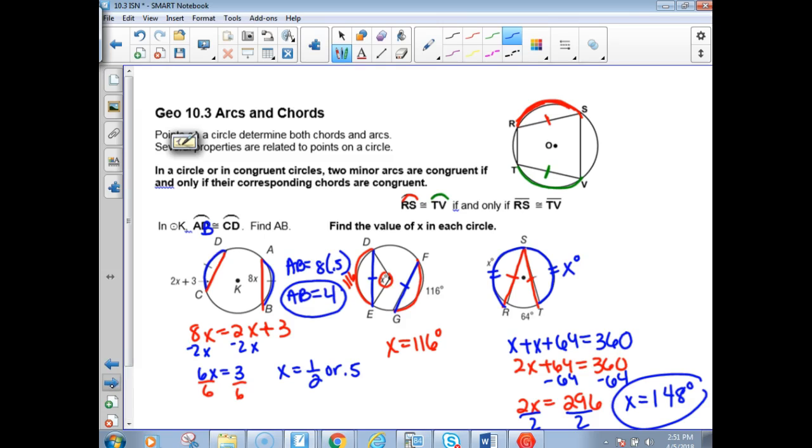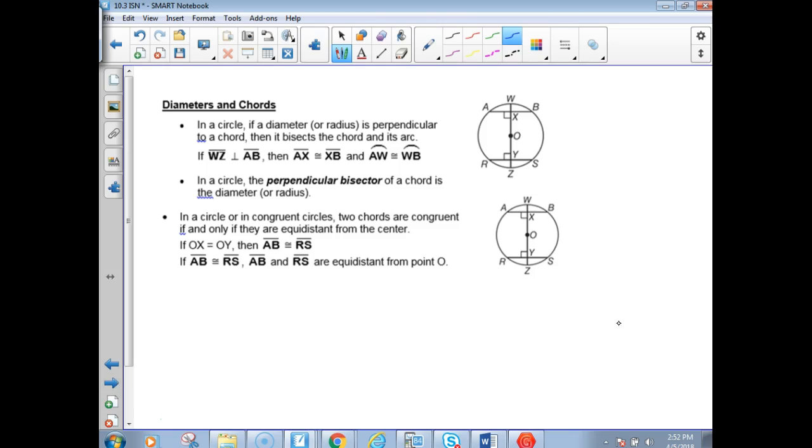Okay, the next topic is about a different relationship with chords and diameters. In a circle, if a diameter or radius is perpendicular to a chord, so if you ever see a diameter or radius perpendicular to a chord, which means forms a right angle, you should know that by now.